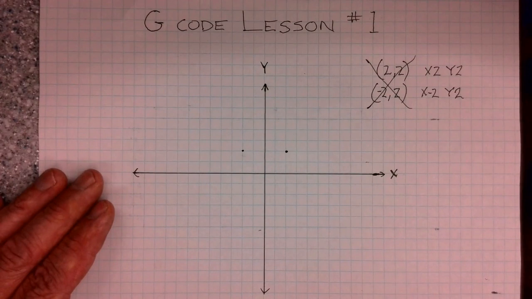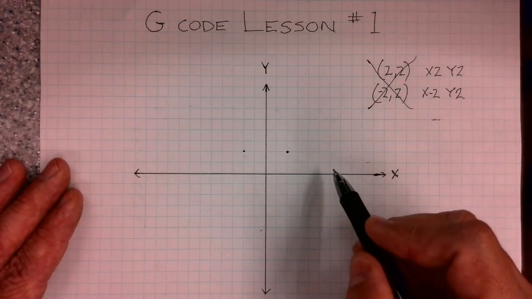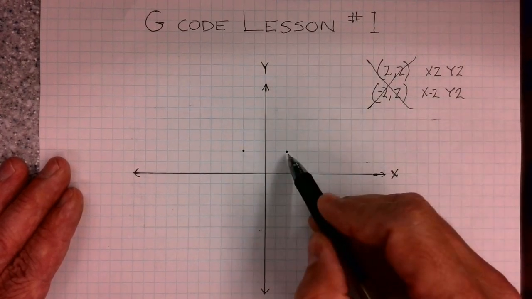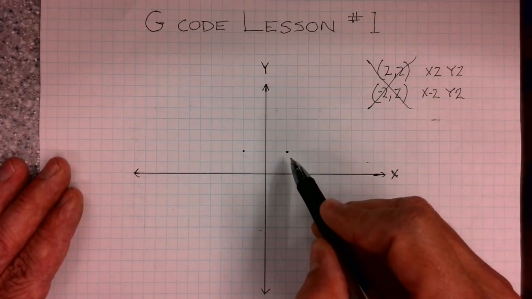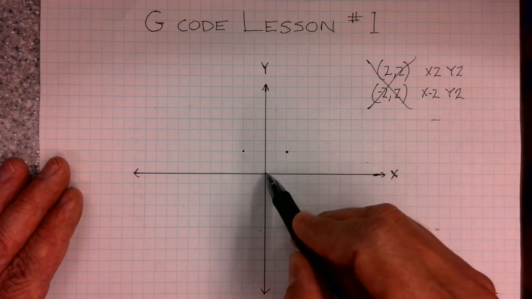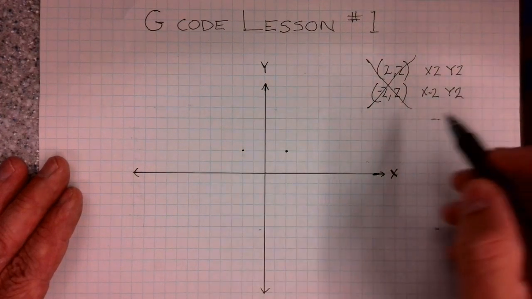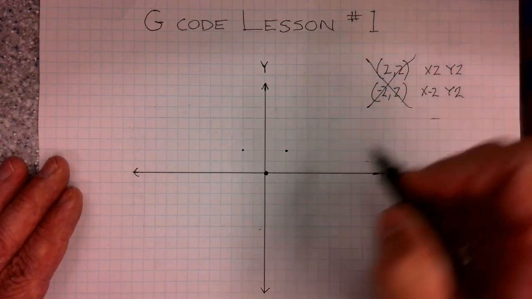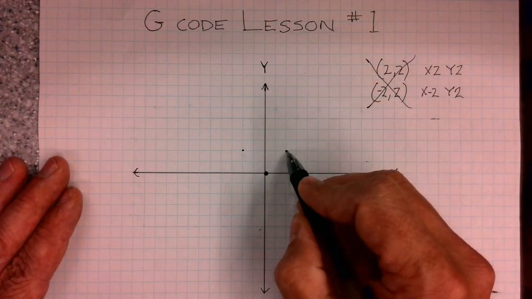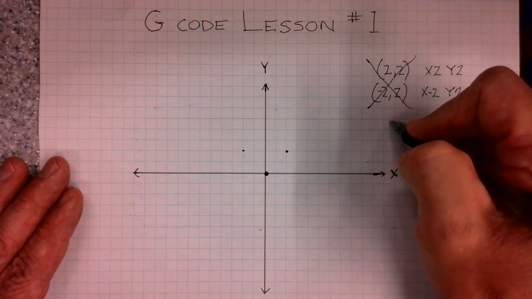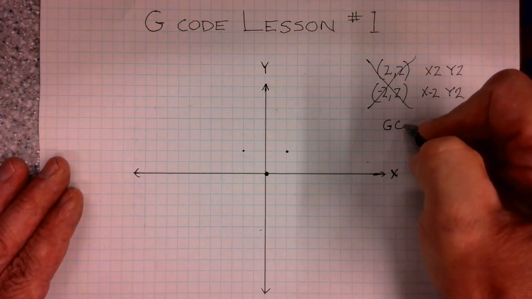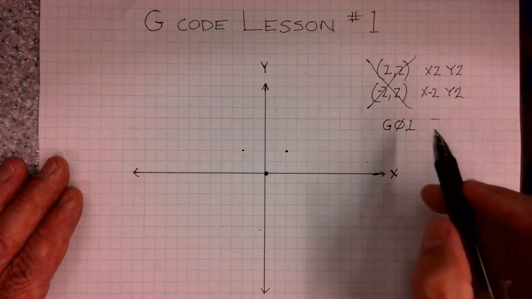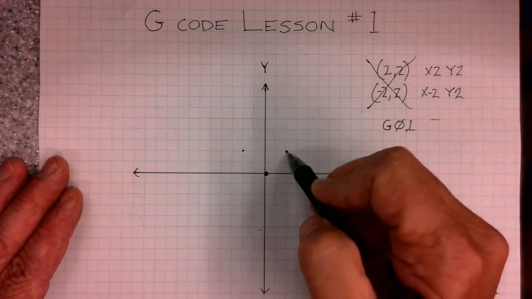The next thing is we're going to do movements. And when we do a movement, we are giving it a location. So if I'm here at 0, 0, and I want to move to this point, I need to say G01, which is move in a straight line to this point.